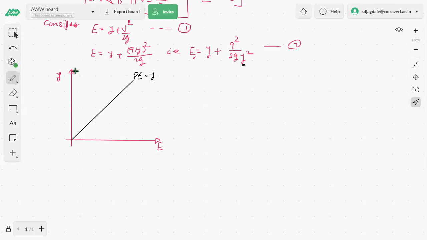So we get somewhat like this. Just a minute, I will draw this curve of the kinetic energy. We get it like this. It meets asymptotically the specific energy E axis and the flow depth y axis. This is for Q square divided by 2g y square.